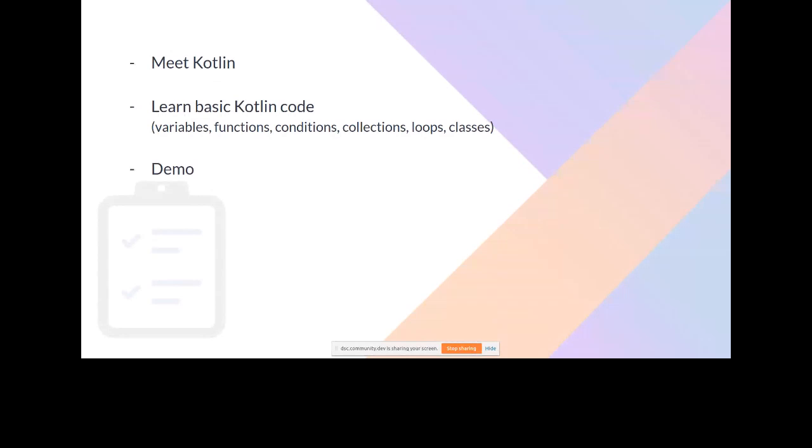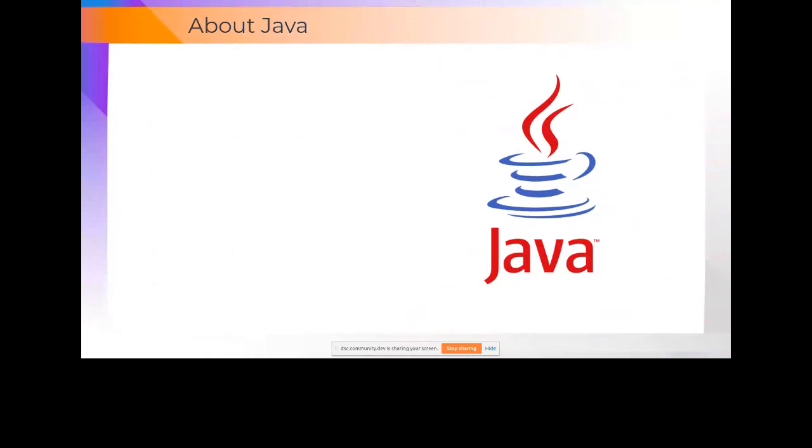So before we talk about Kotlin, we have to talk a little bit about Java. Probably most of you already know Java. It's one of the most popular programming languages. Basically, it's an industry standard programming language, and it is very popular because it runs on a wide range of platforms. Mainly, it is used on server side, but it also works for front end and mobile development.